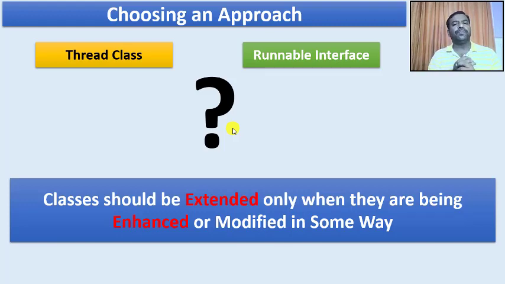Usually, if I talk about the thread concept, it's better to go with the Runnable interface, because you need not override a method. If you want to override a method, you need to redefine the body of the method. In the case of the Thread class, I am forced to do this. I have a run method and I am supposed to redefine the body. I need to restructure the body.